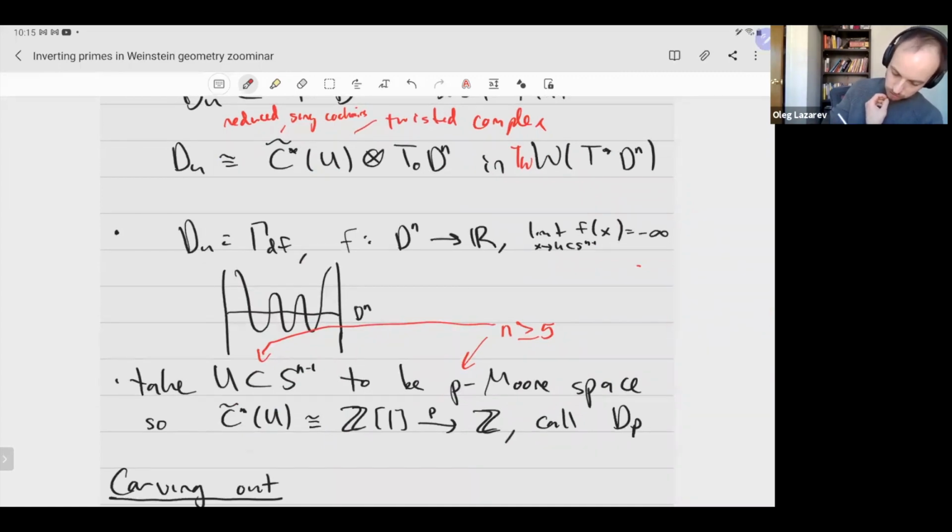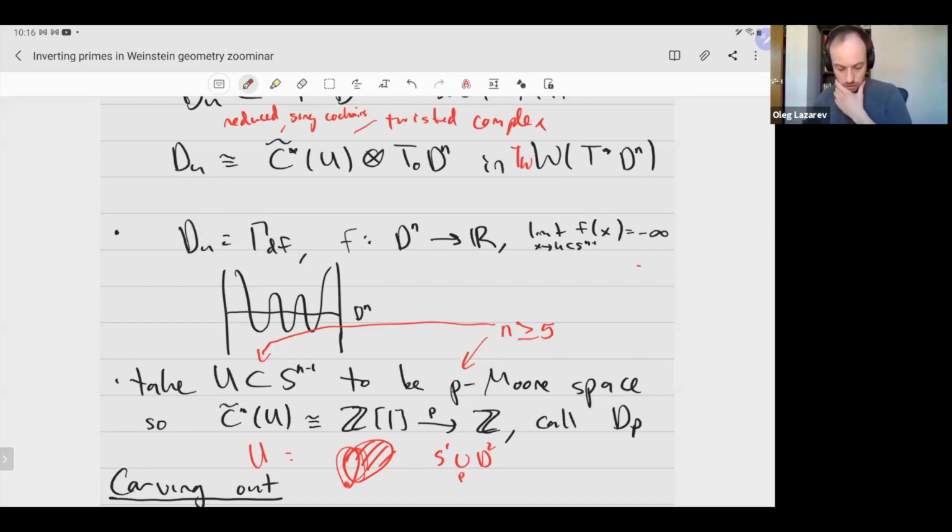The P-Moore space is going to be a circle, and then you attach a disk to it, so that the boundary of the disk is attached to the circle, going around P times. And so you have a CW complex with just 1 and 2 handles.